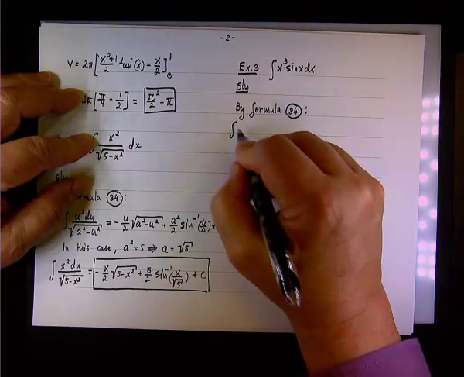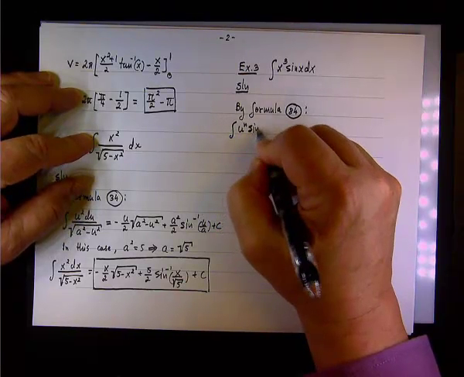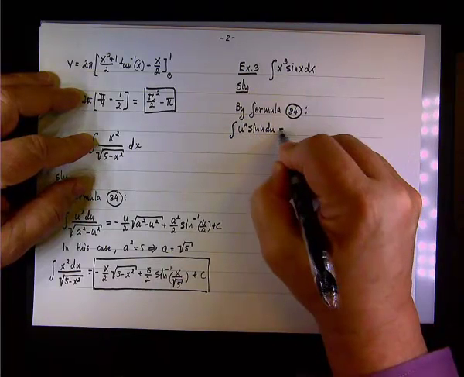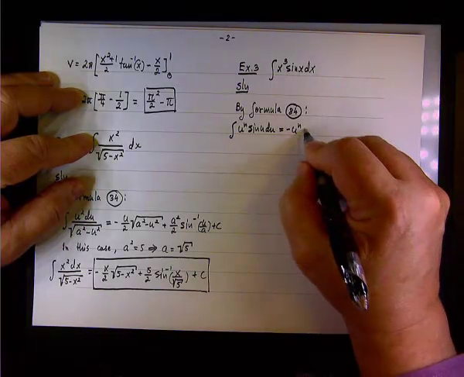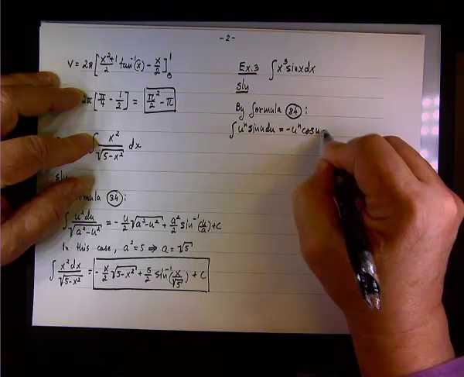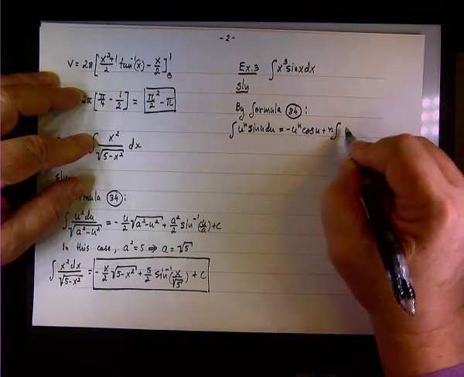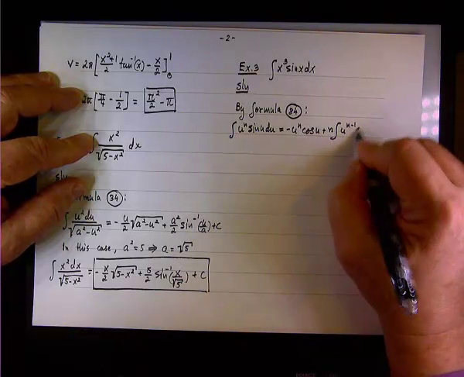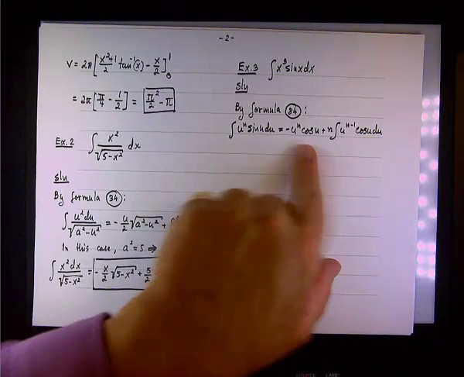84 tells us that in general, whenever you have u to the nth power sine u du, which is really what we need, then the solution will be negative u to the power of n cosine u plus n times the integral of u to the n minus 1 cosine u du.